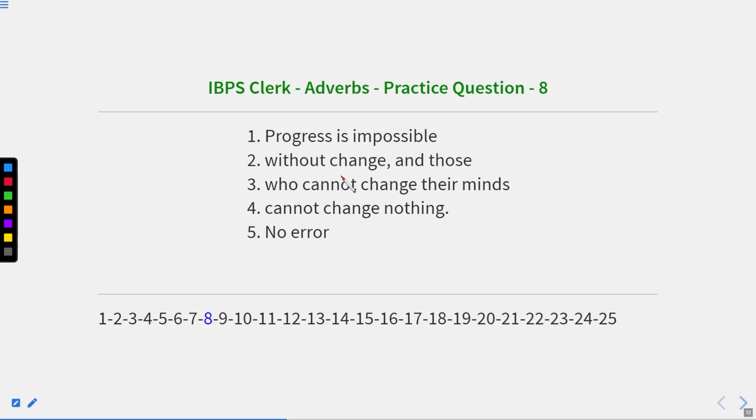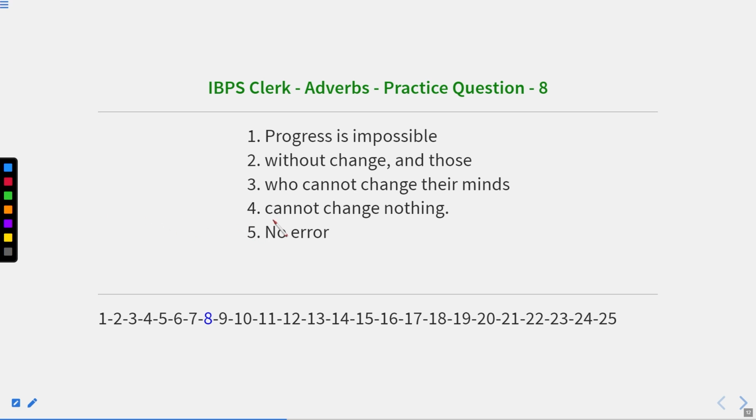Progress is impossible without change, and those who cannot change their minds cannot change nothing. Again, the same thing is here. We are writing cannot and nothing together, where two negations cannot come together in a sentence. So if we have two minus points together, that will make the sentence positive, or that will leave the sentence meaningless.